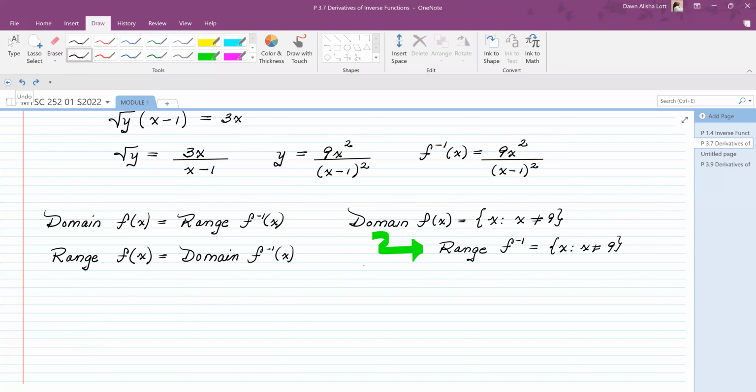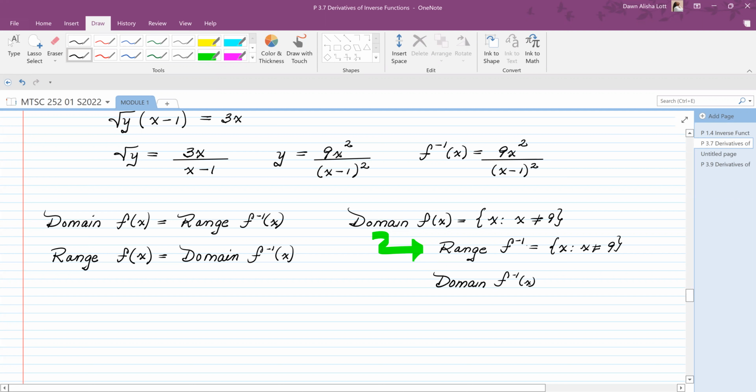So therefore, the domain of f inverse is the set of all x such that x is not equal to 1. So I normally never find the range of anything. I look at the domain of f. That lets me know the range of f inverse. I look at the domain of f inverse. That lets me know the range of f. Okay.